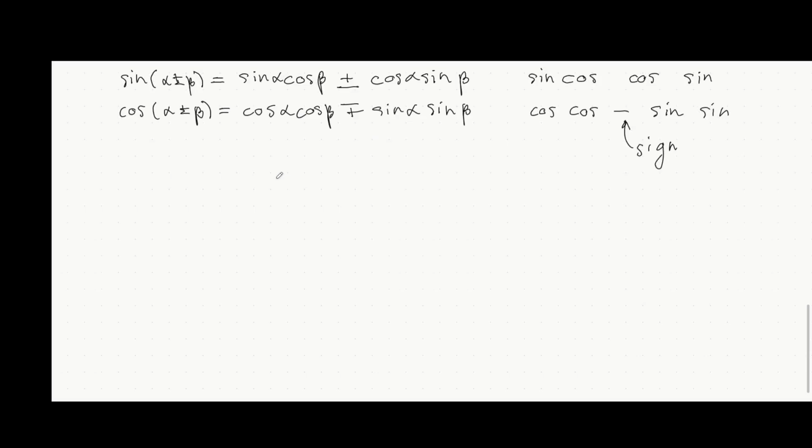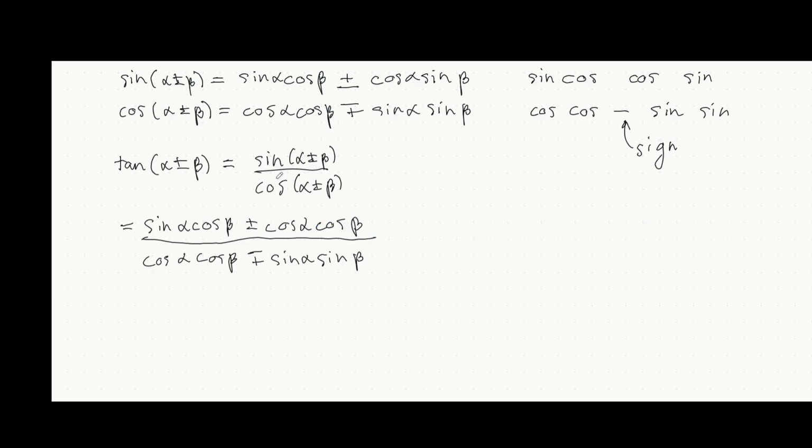for the tangent identity, we'll just go ahead and go straight to the plus or minus case. Well, that's going to be sine of alpha plus or minus beta over cosine of alpha plus or minus beta. And we have the formulas for these, so we'll substitute them in.